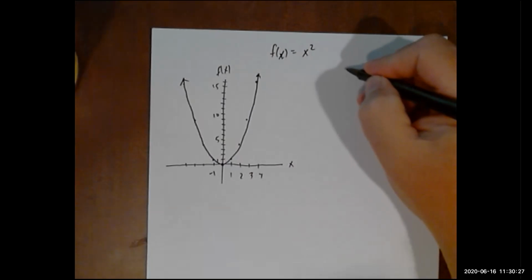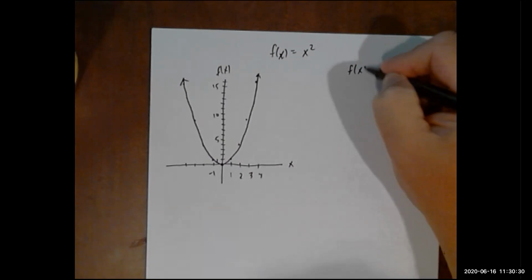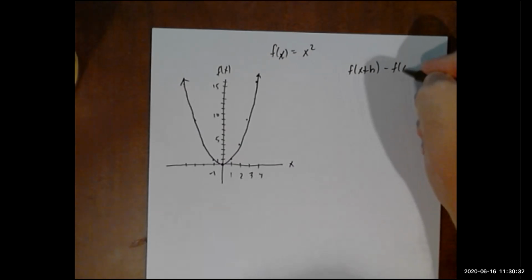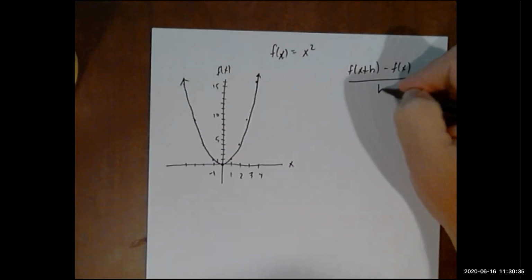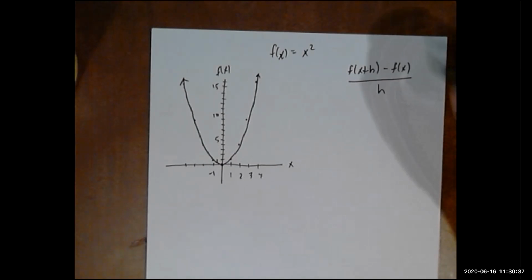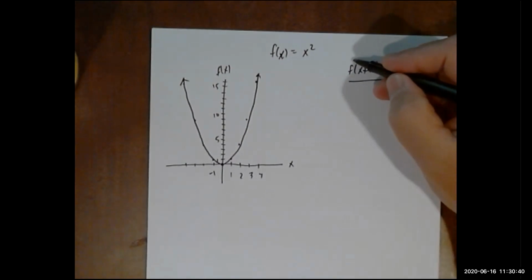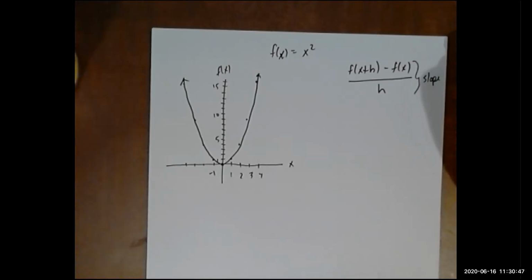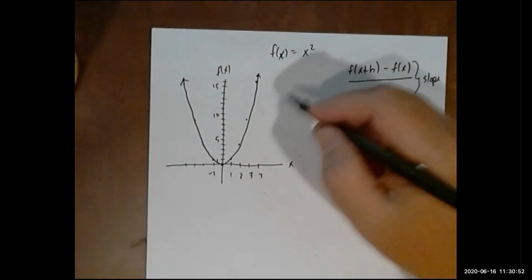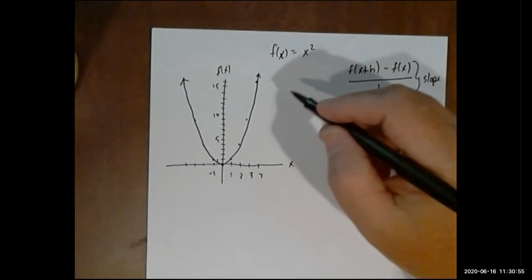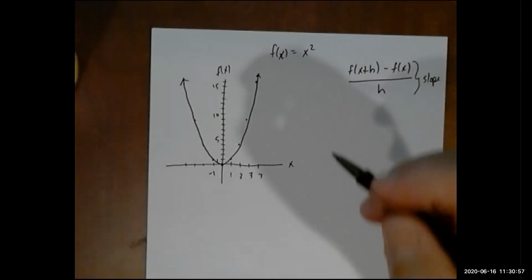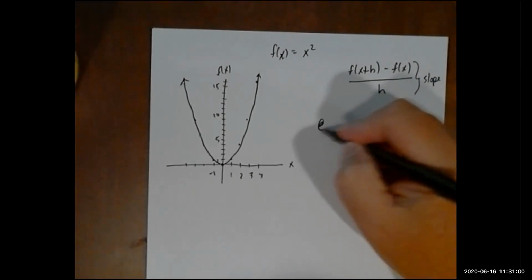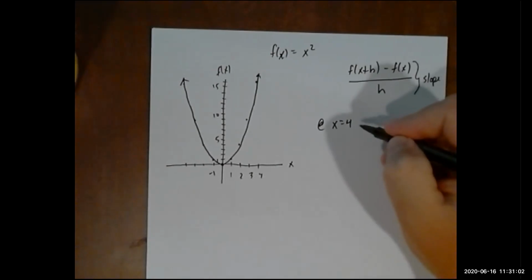But here is now this difference quotient. The thing you have to understand, that is the whole key to this part of calculus, is that this difference quotient is a way to calculate the slope at any point on this curve. In this case, we're looking at a specific point on this curve when x is 4.